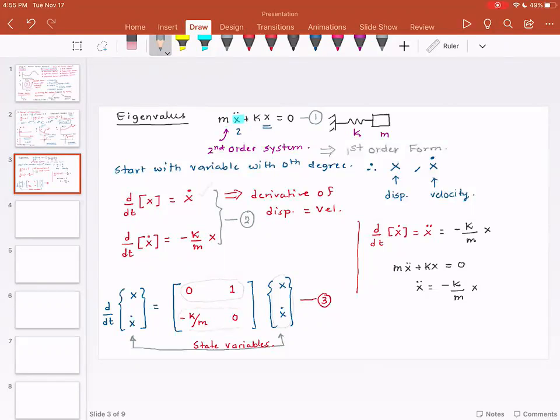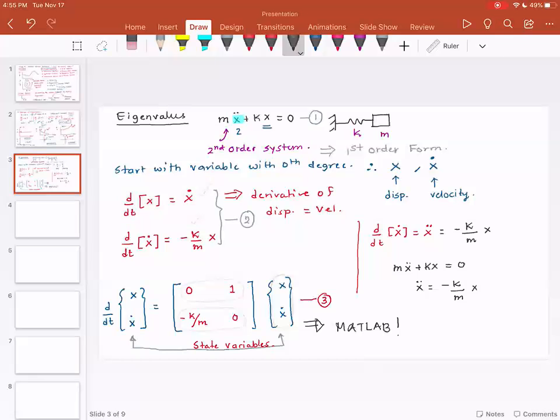If you take the second row multiplied by the first column, you're gonna get the second expression. So what has happened now is we have converted this second order expression into its equivalent first order form, and this is what MATLAB needs.